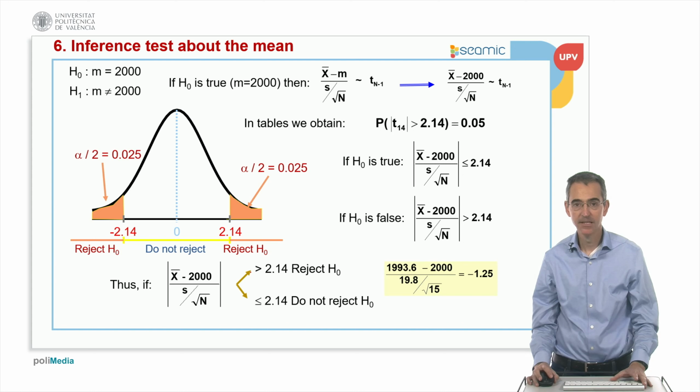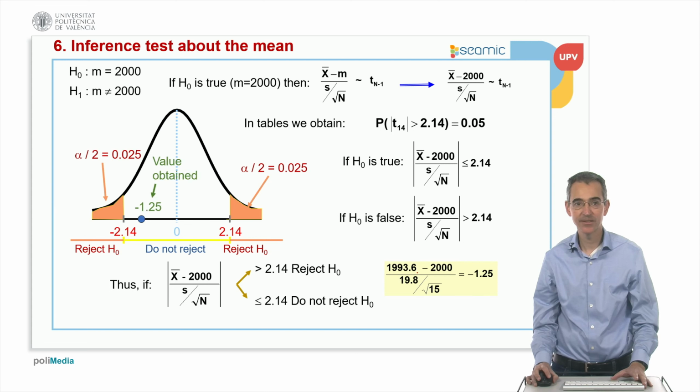Well, in this case, n was 15, so the degrees of freedom was 14. So we apply the function: 1993.6 was the sample average, minus 2000, the sample standard deviation was 19.8, divided by the square root of 15, and we get minus 1.25.